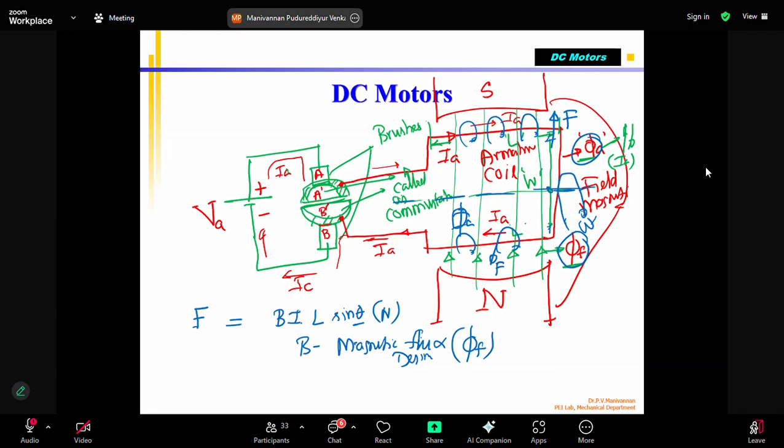That depends upon IA. Literally speaking, I can put IA. So IA is nothing but the armature coil current, armature current in amps. Okay. Then you have L. L is the length of the coil. I told you, the length of the coil.